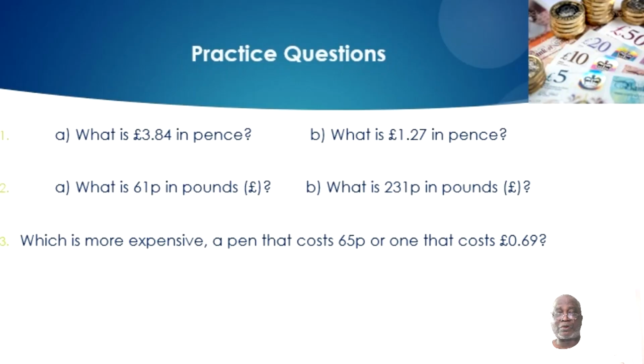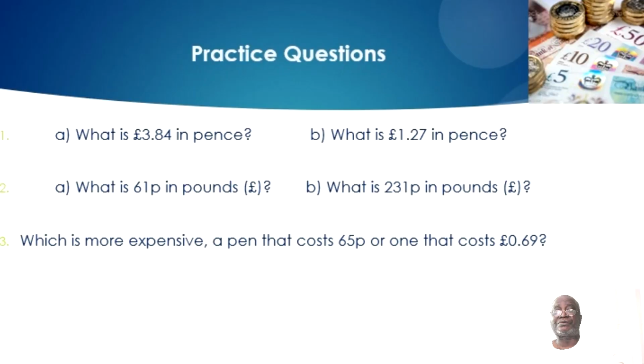What is £1.27 in pence? And then 2A, what is 61p in pounds? Remember, all you have to do is put how many pounds. If it's £0, you put £0.61. Question 3, which is more expensive? A pen that costs 65p or one that costs £0.69?